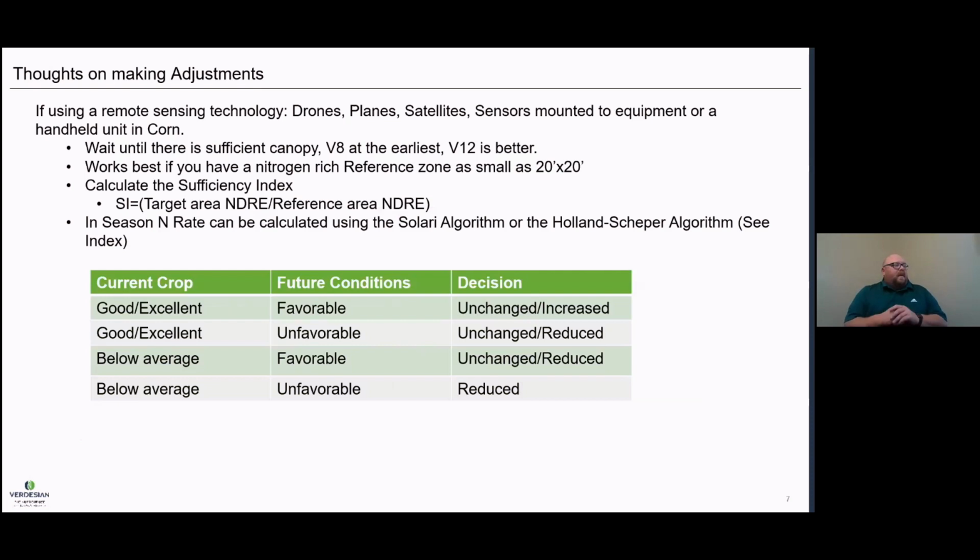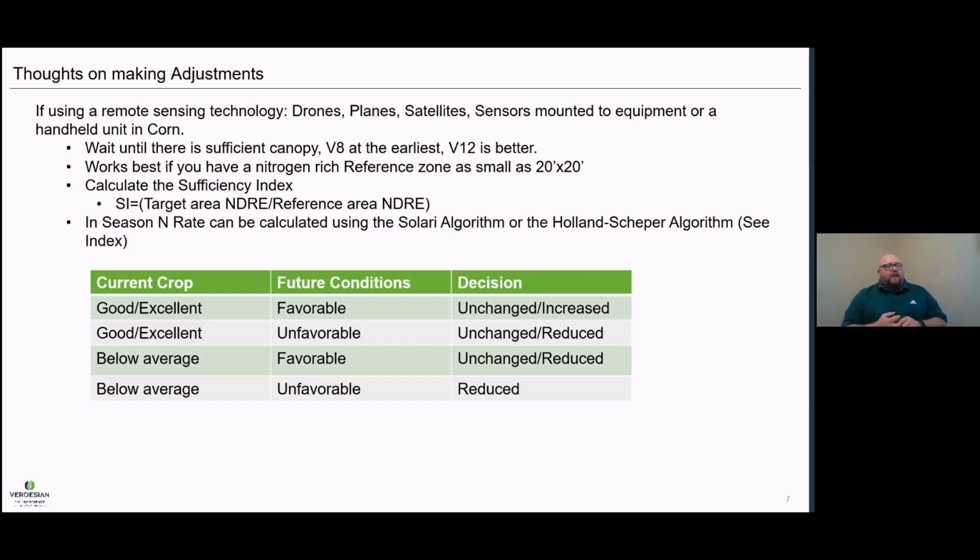So when we think about making those adjustments, here's just a few things that I use. If I'm using a remote sensing technology, whether it's a drone, a plane, a satellite, sensors mounted to equipment, or a handheld unit in corn, I normally wait until there's sufficient canopy. So V8 at the earliest, V12 is better.